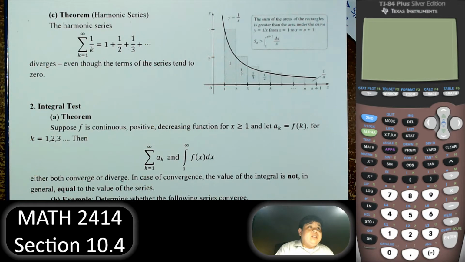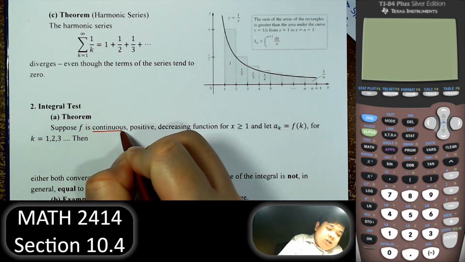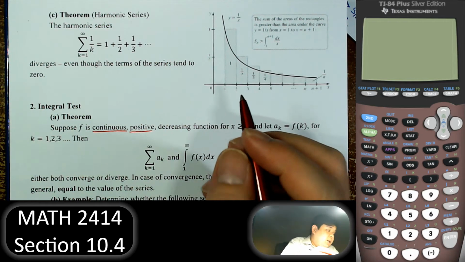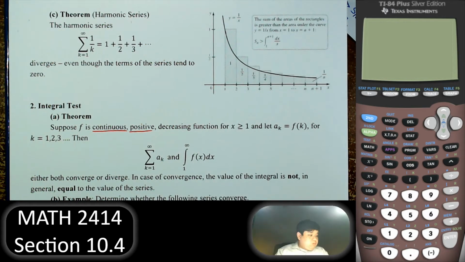The second test is the integral test. By the name of it, we use integrals pretty much. Now, before we do that, we need to check 3 things. First, the function has to be continuous, and it has to be positive, and it has to be decreasing. I should not use decreasing. It should be non-increasing.